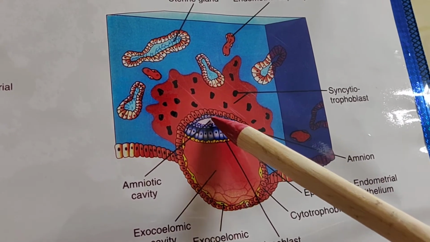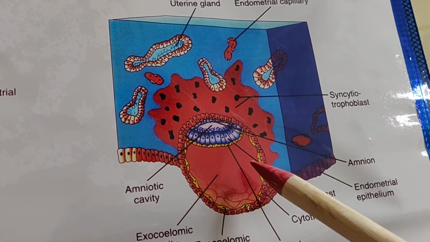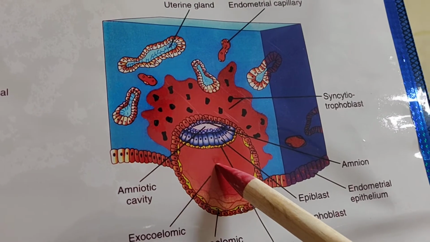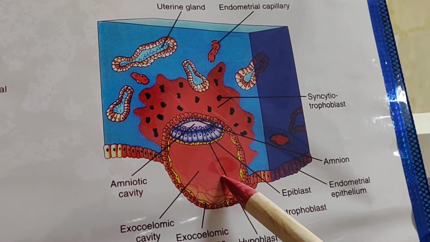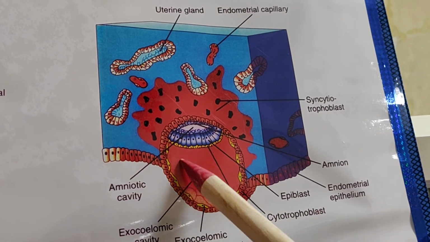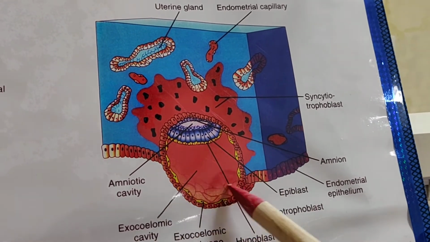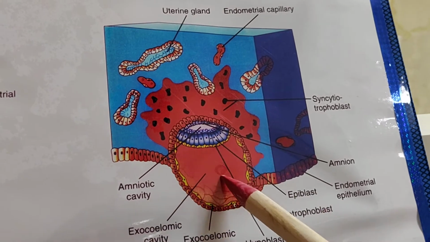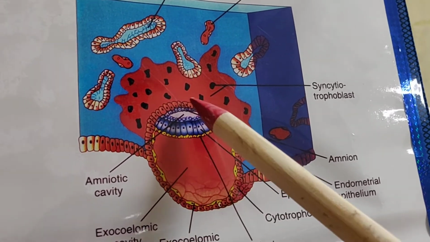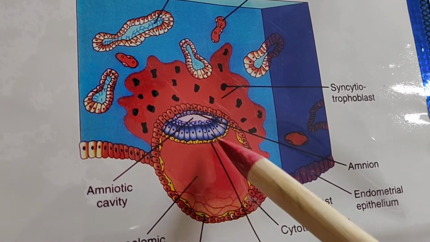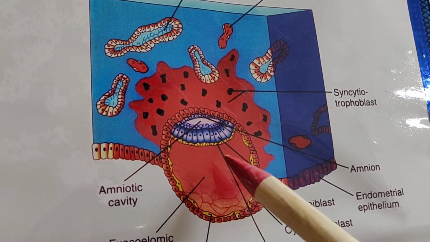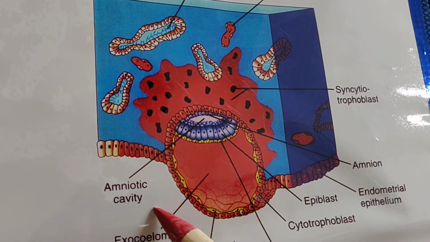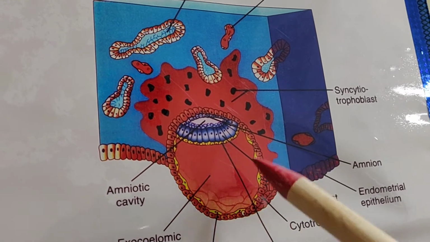So here is the formation of the amniotic cavity, and the cavity of the blastocyst, the blastocele cavity, now changes into the primary yolk sac. So there are two cavities, one small and one large. The upper one is the amniotic cavity, and the lower one is the yolk sac or exocoelomic cavity.